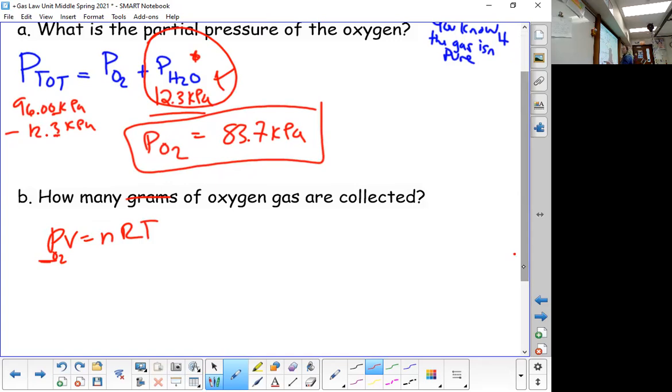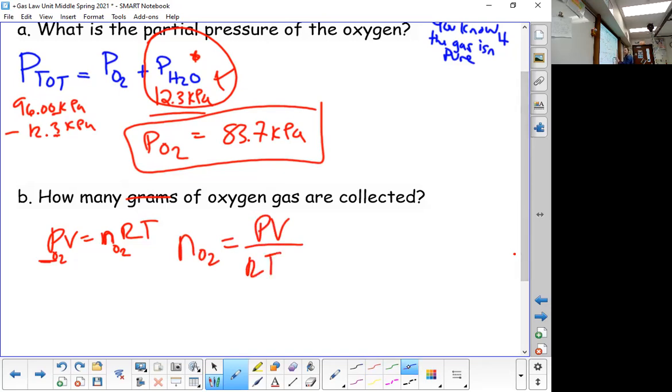Now the volume is the whole volume of the tank, and we're going to need to know how many moles of O2 to then get to grams. So to get to moles of O2 here, we're going to set it up like so.